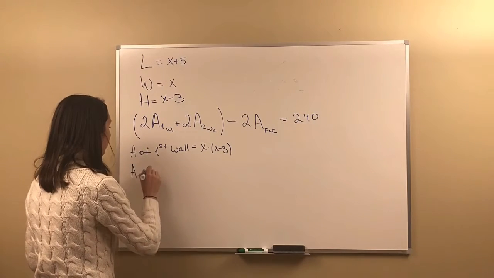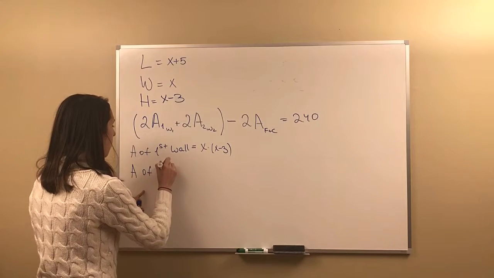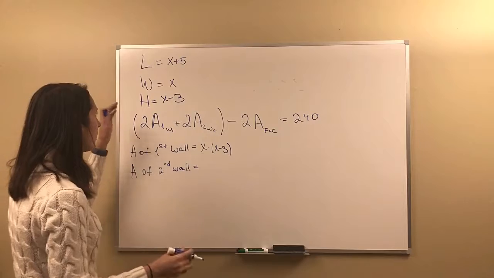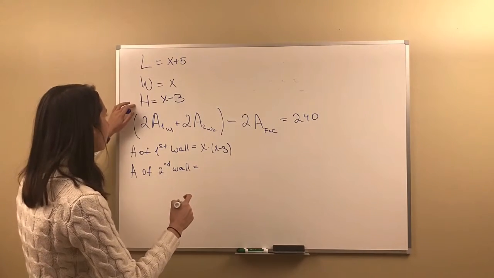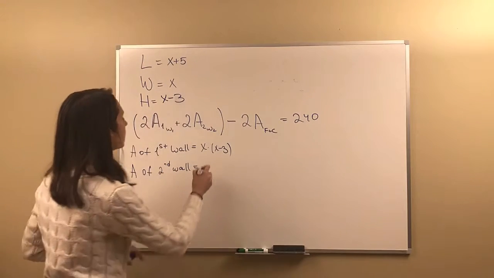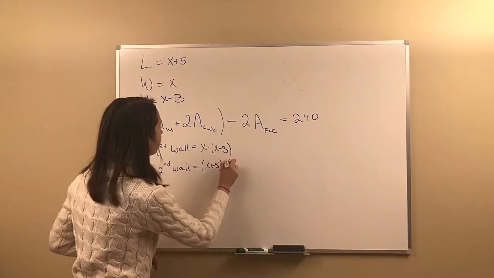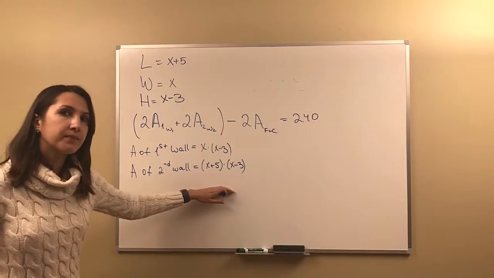I'll explain it again a little later. Area of second wall, it will be actually length times height. Yes, so we used width times height. Now it's length times height. Again, and we have 2 of these.